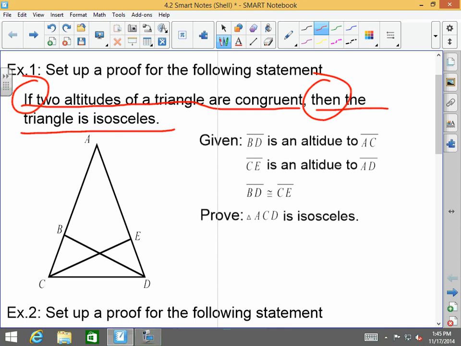And we know that BD is an altitude to AC and CE is an altitude to AD. So basically, we know that this triangle right here has a right angle, and this triangle right here has a right angle. Those are two right triangles.